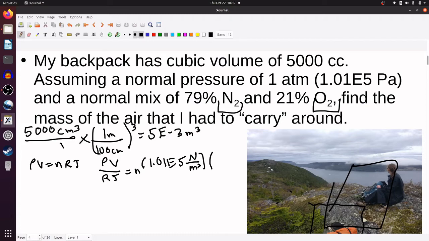And then volume, which is 5 times 10 to the negative third cubic meters. Oh, I didn't put an equal sign. I'm sorry. We'll say equals. There we go. And then RT, so this is going to be my R, 8.31 joules per mole Kelvin.